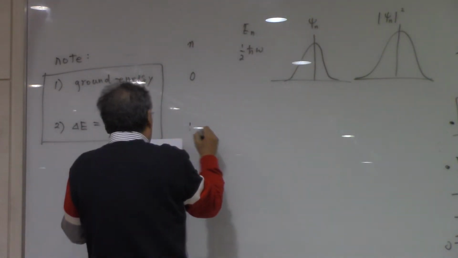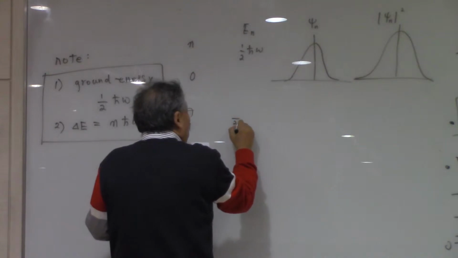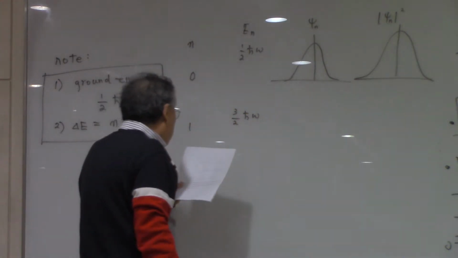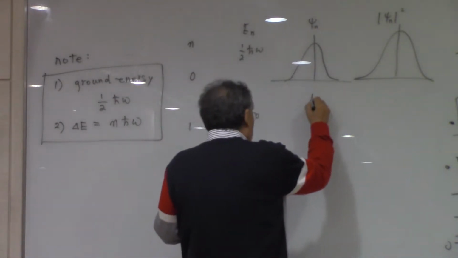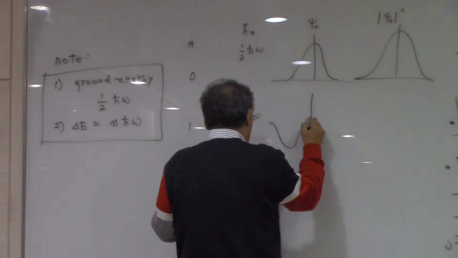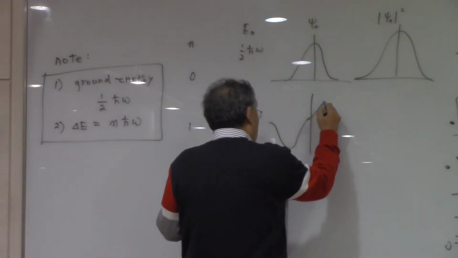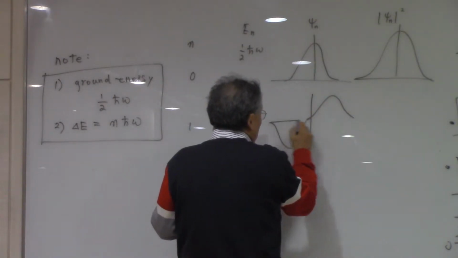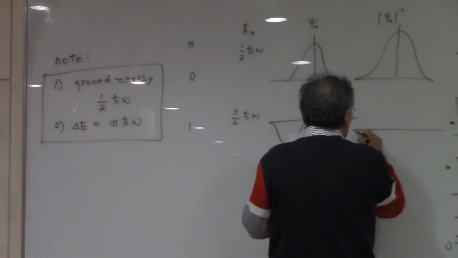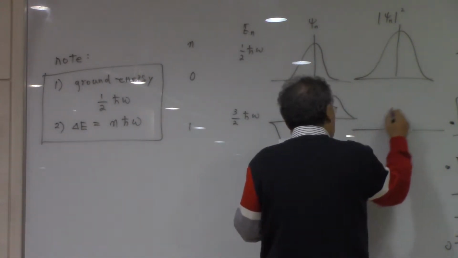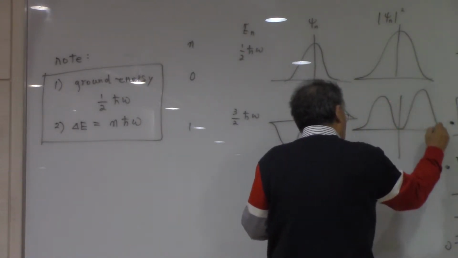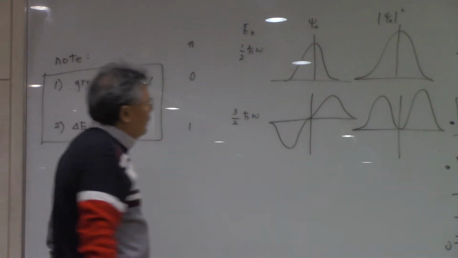And when it's excited, then the eigenvalue now becomes 3/2 h bar omega. And then the wave equation is going to look like this. And then the probability of finding a particle now becomes something like this.